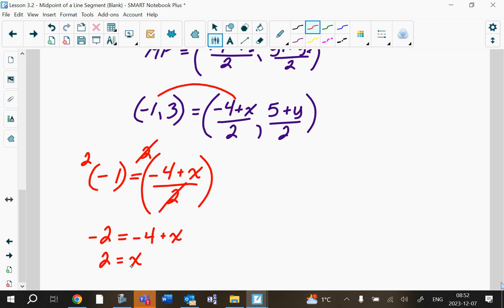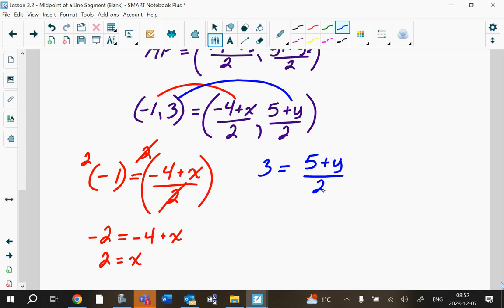So (-4 plus 2) divided by 2 will give me -1. I'm halfway there. Now I have to figure out what the y is by making a second equation. The midpoint y, 3, will equal (5 plus y) divided by 2. And you solve it exactly the same way.